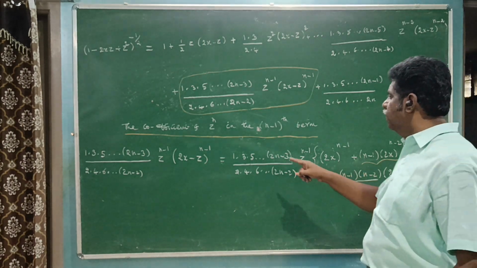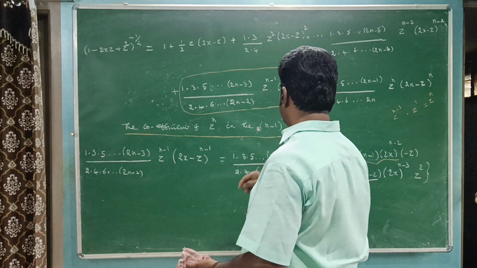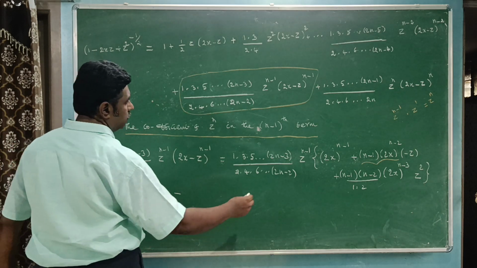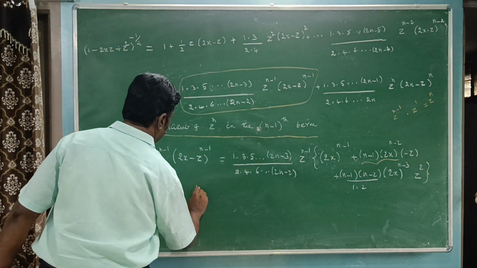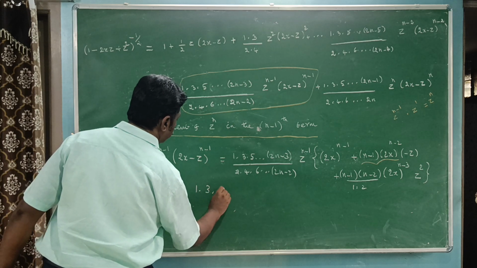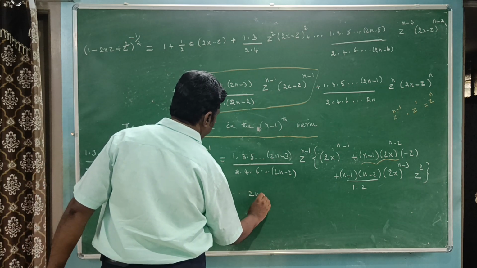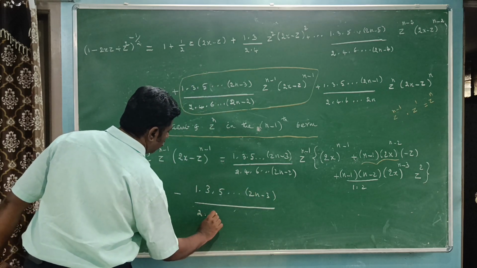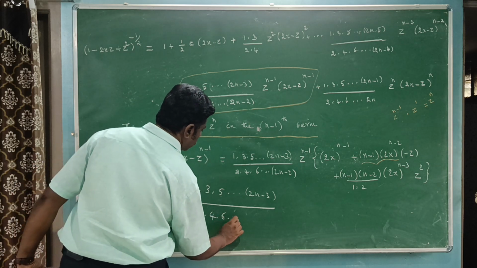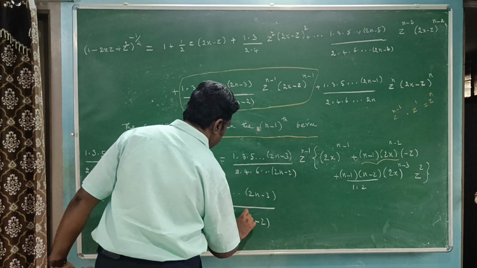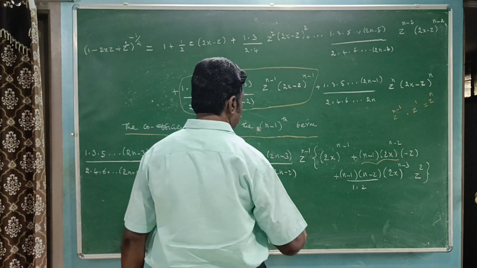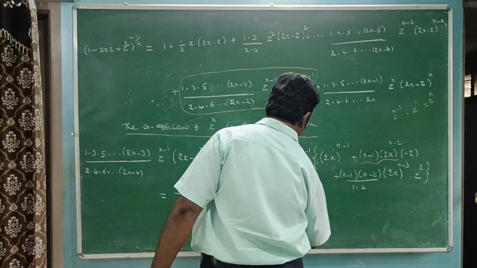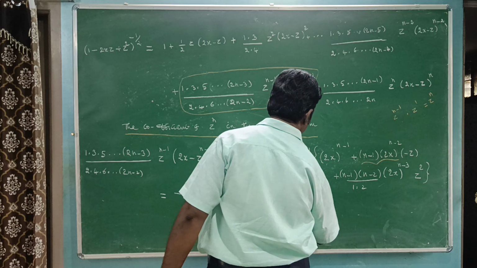So the coefficient of z power n in the n minus 1th term is minus, consider this negative, minus 1.3.5 up to 2n minus 3 whole divided by 2.4.6 up to 2n minus 2, then this term n minus 1 into 2x power n minus 2.